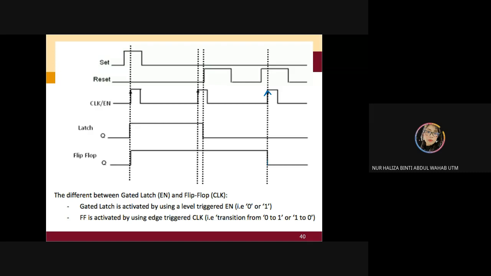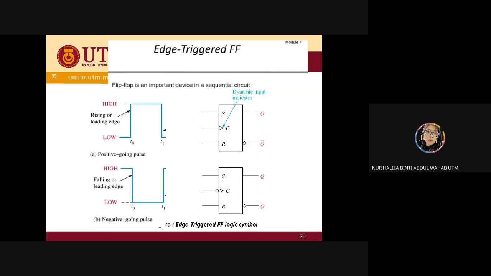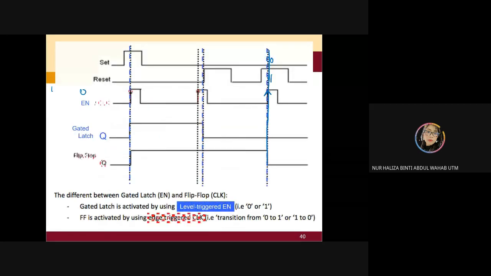For this specific point here, our set is 0 and our reset is 1. 0 and 1 will be reset, right? Reset, yes.